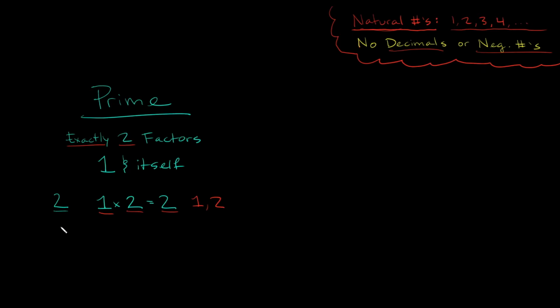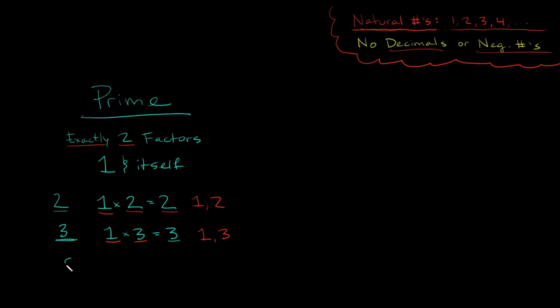Another example of a prime number would be the number 3. Why is 3 a prime number? Because there's only two numbers we can multiply together to get the number 3: 1 and 3. So the factors are 1 and 3.